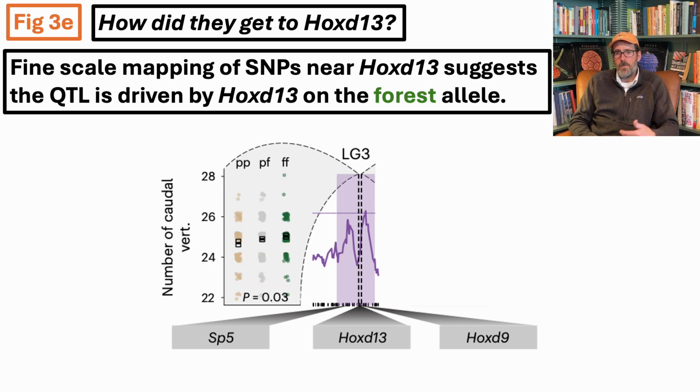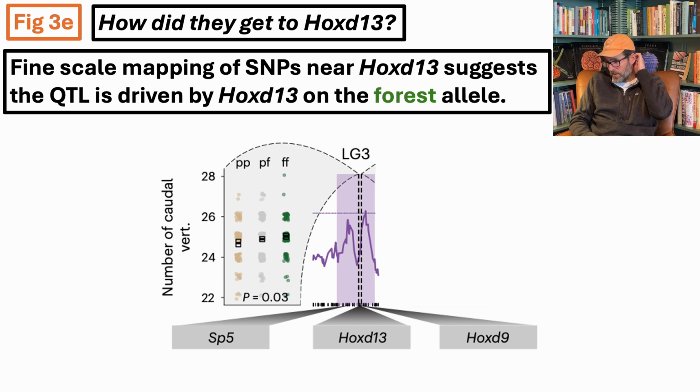And if we do the allele specific test on those SNPs, we see actually that the forest homozygote has a greater number of caudal vertebrae, and it's significant. You see the P.03 at the bottom. So the forest allele and the forest homozygote for those SNPs have a greater number of caudal vertebrae.